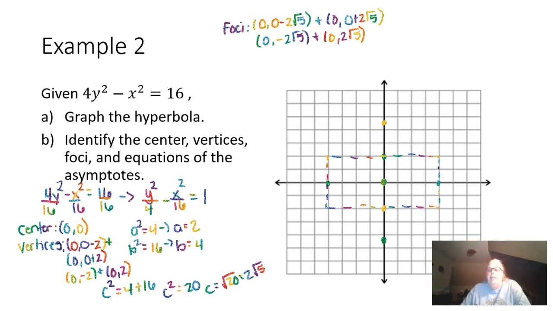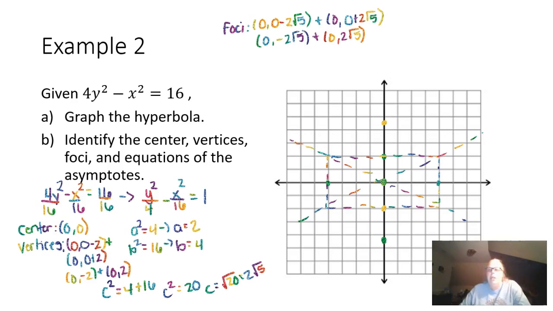And then if I want to sketch in the asymptotes, remember all I need to do is graph the diagonals. Let's see, we went up 2 and over 4, down 2, back 4. We should be doing something like this for that asymptote, and something like this for this asymptote.